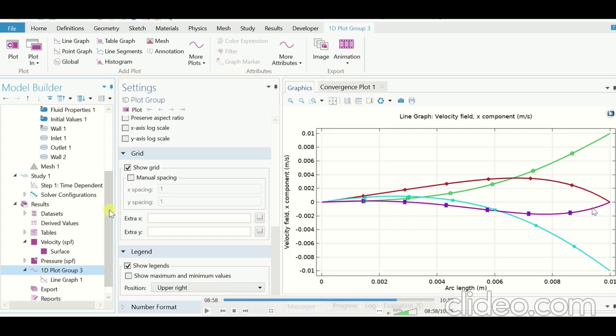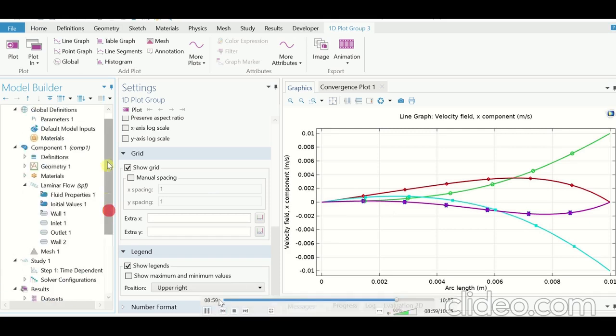However, the liquid below the plate is still moving to the left side. So the cycle completes in 1 second. This is the period of the oscillation.